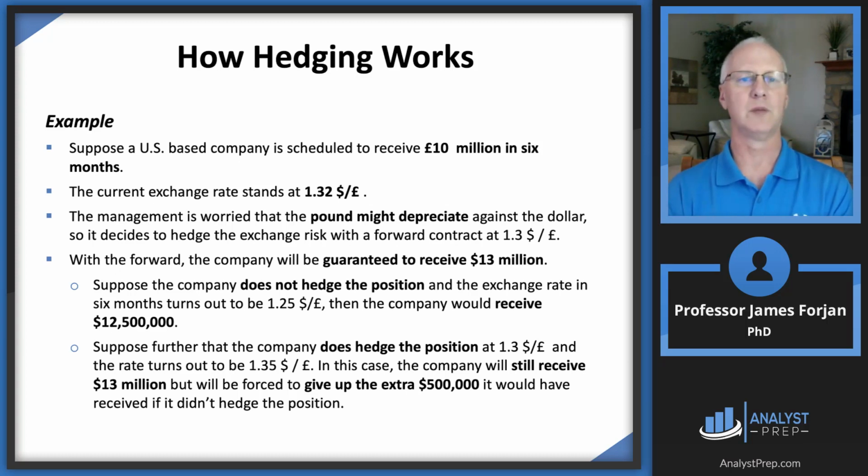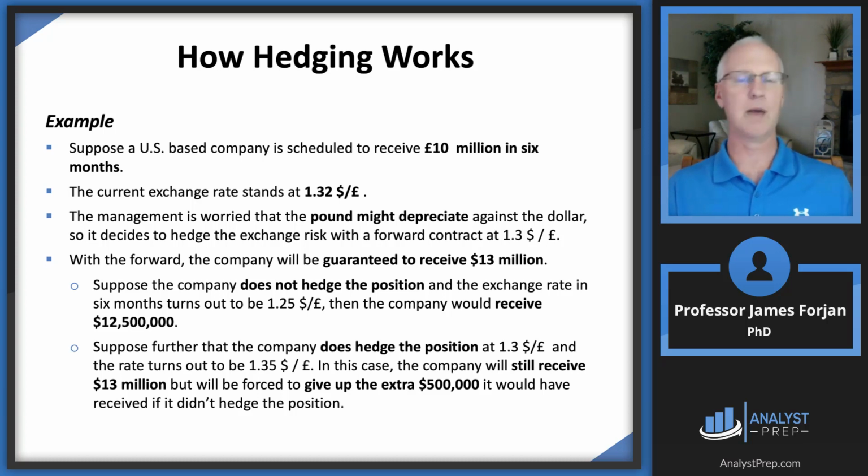Let's look at a currency example here. Let's suppose a U.S. company is scheduled to receive 10 million pounds in 6 months. All right, current exchange rate is $1.32 per British pound. Of course, management is concerned that the pound might depreciate against the dollar. And of course, here we're in a U.S. company.